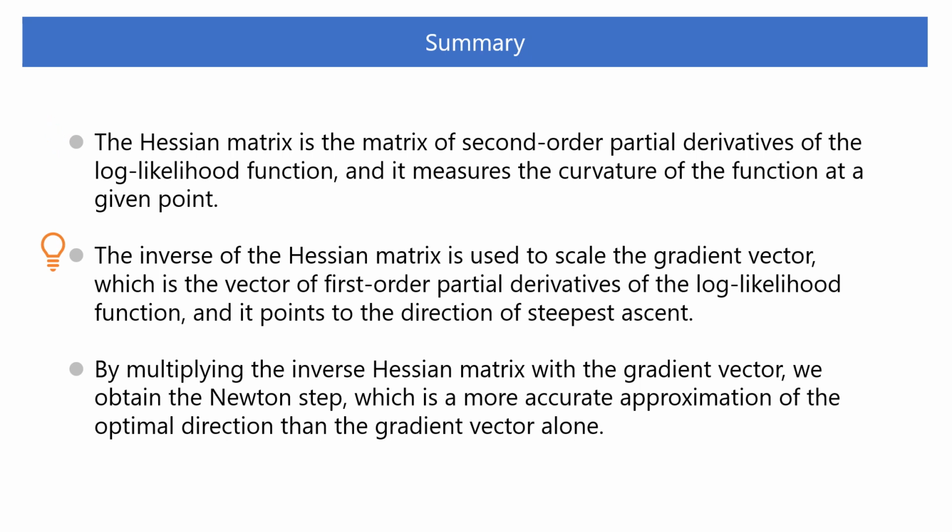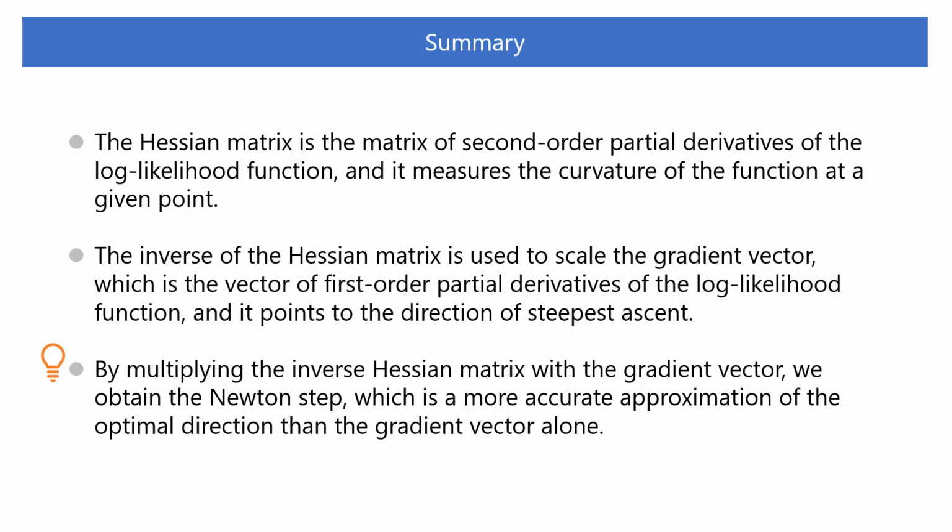The inverse of the Hessian matrix is used to scale the gradient vector, which is the vector of the first-order partial derivatives of the log likelihood function, and it points to the direction of steepest ascent. By multiplying the inverse Hessian matrix with the gradient vector, we obtain the Newton step, which is a more accurate approximation of the optimal direction than the gradient vector alone.